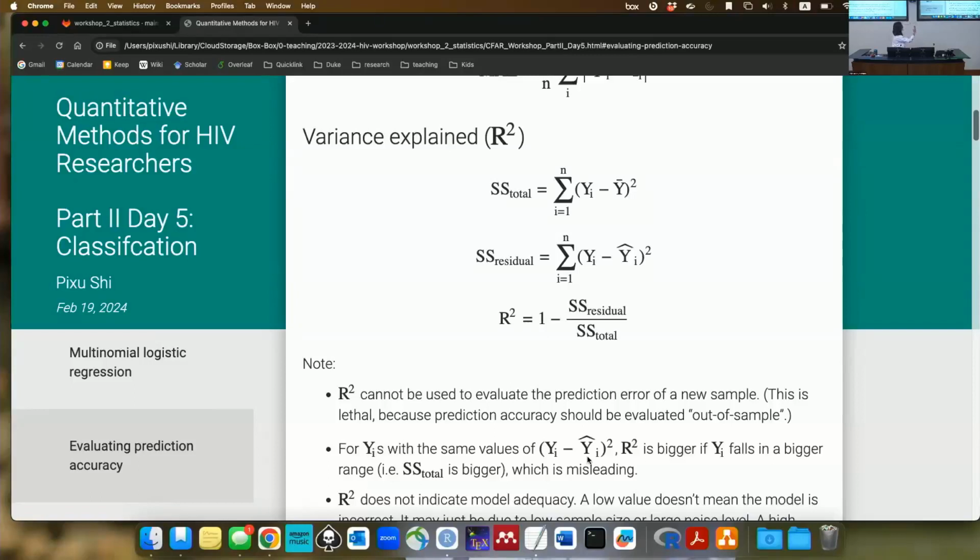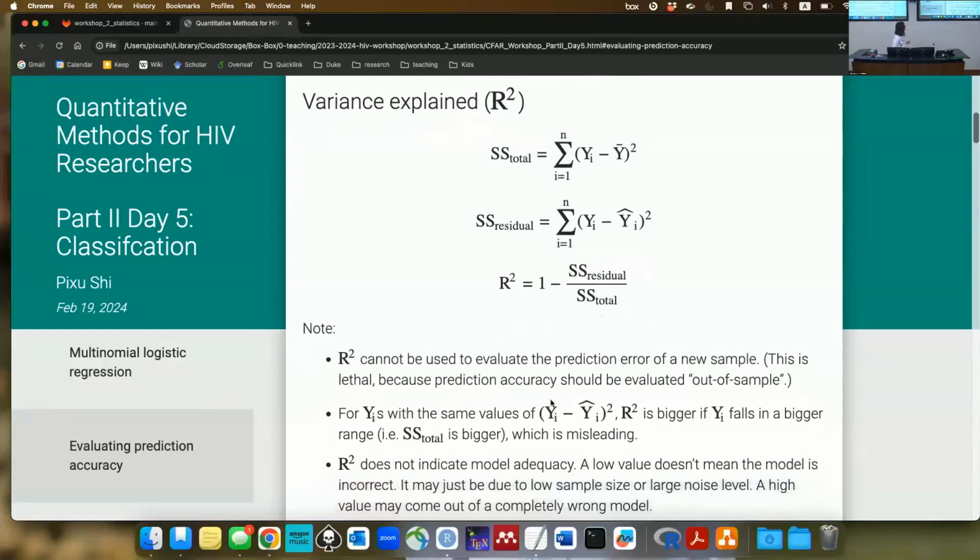And if you narrow down to a small range of y, you will have a smaller number of SS total. If you look at a larger range of y, you will have a larger SS total, but your SS residual is the same. So in these two situations, you actually have the prediction accuracy that's the same, just because the range of y you're looking at is different. You have a larger R square in one case and a small R square in the other case. So it's quite misleading.